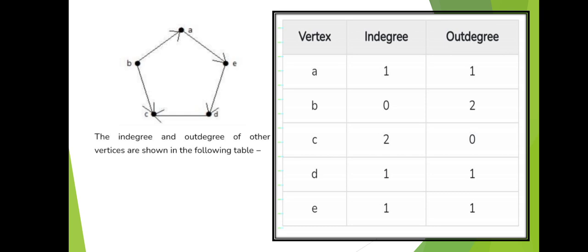If the vertex is A, then its in-degree is 1 and out-degree is also 1. If the vertex is B, then its in-degree is 0 and out-degree is 2. If the vertex is C, then its in-degree is 2 and out-degree is 0. Similarly, if the vertex is D, its in-degree is 1 and the out-degree is the same. Similarly, the same happens in vertex C.